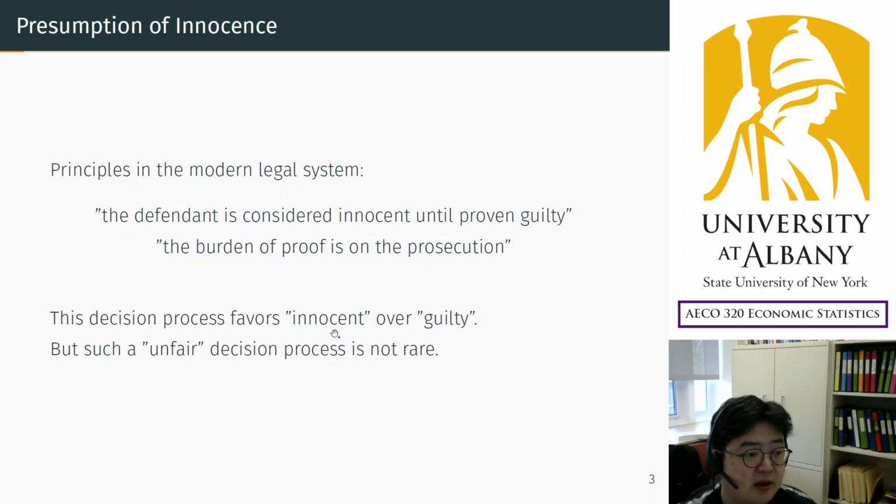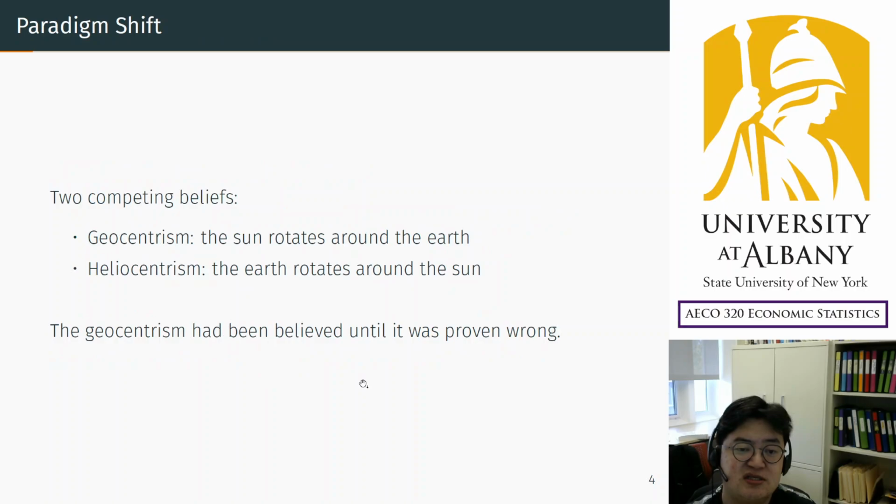Innocence is the null hypothesis. When there is no evidence, you have to believe that I am innocent, right? And also, in this example, when there is no evidence, people used to believe that the sun rotates around the earth. That is the null hypothesis, believed without any evidence, without actual comparison between these two options.